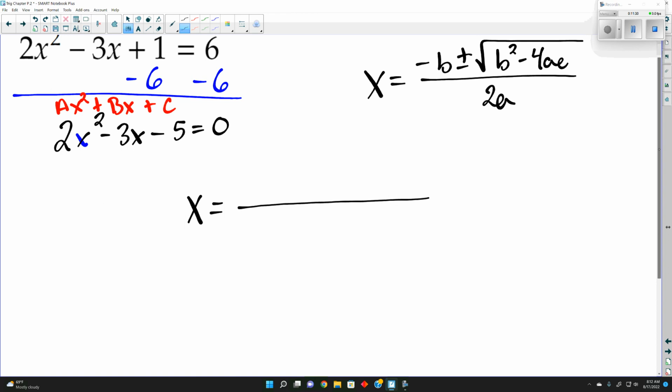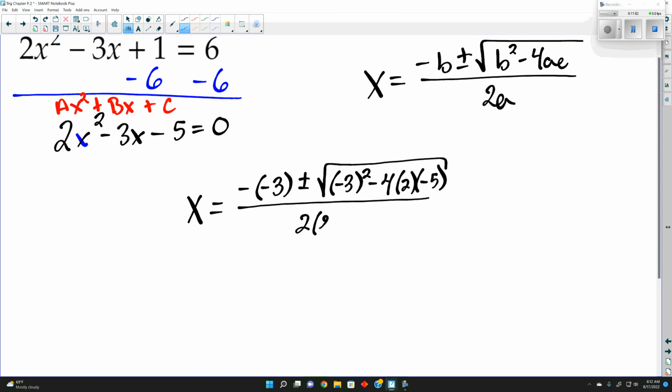So the first thing we have is negative b. So we have negative, negative 3. Plus or minus the square root of negative 3 squared minus 4, a is 2, c is negative 5, all over 2a, or 2 times 2.